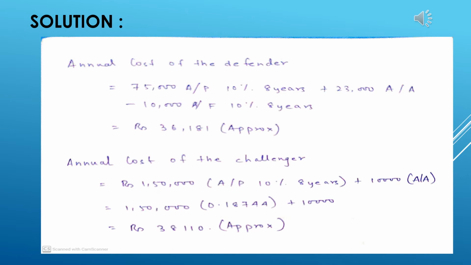So the initial cost of the Defender was 75,000, which is at the beginning of the period, so that is the present worth value, which we need to transfer into annual worth, taking into consideration the I and N, which are respectively 10% interest rate and 8 years.